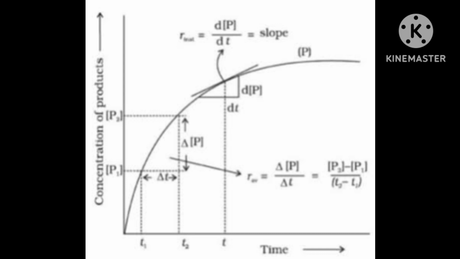How the collisions take place, how they collide, what their orientation is. Orientation means from which direction the molecules will collide, in which direction they will make or break the bond.